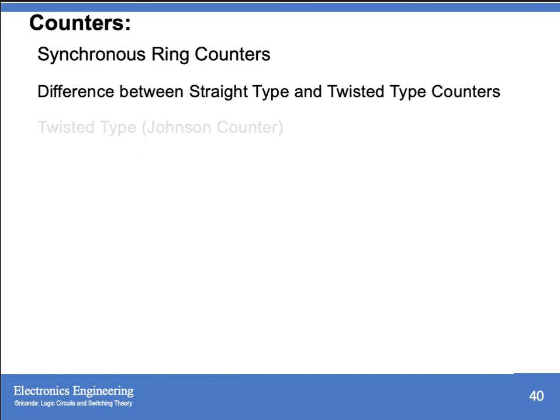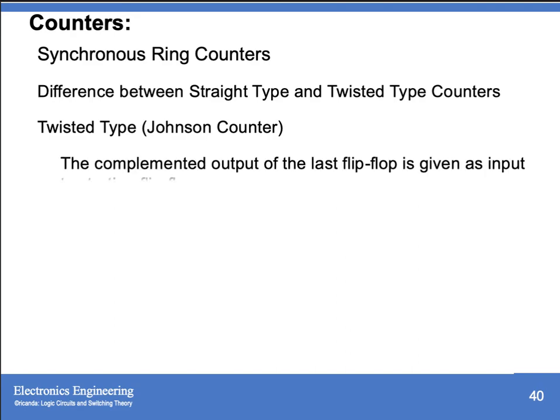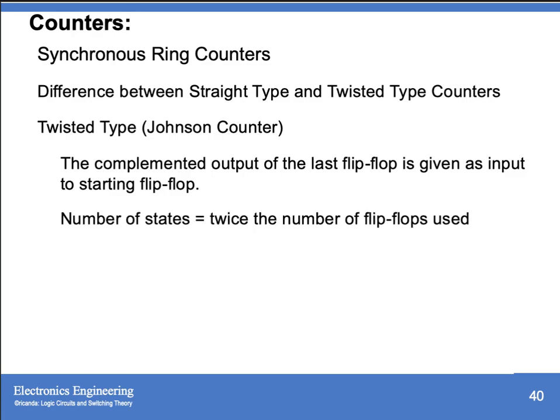Then for the twisted type, the complemented output of the last flip-flop is given as input to the starting flip-flop. The number of states is equivalent to twice the number of flip-flops used. Then the input frequency is F, but the output frequency, since we have twice the number of flip-flops as the number of states, is f over 2n.